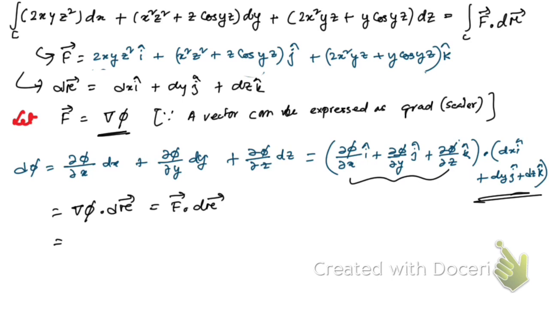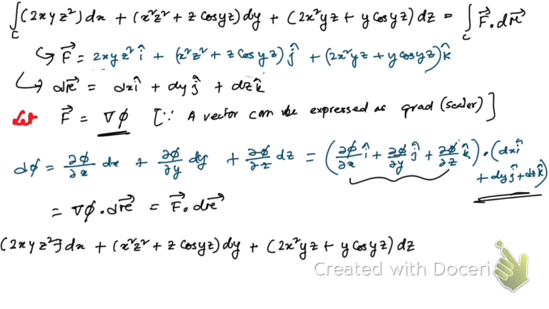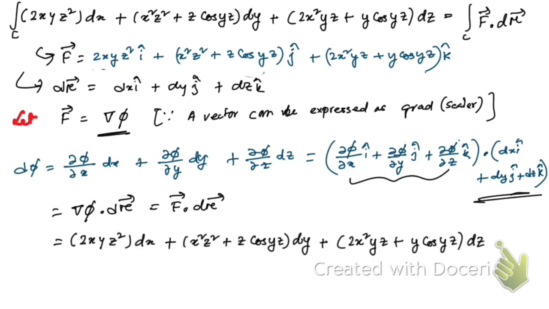So let me copy this part. We have got d phi is equal to this one. So if you integrate this, that's going to be the integration of this part, which we need. First let us simplify this. How can we simplify this? First let's do the multiplication.